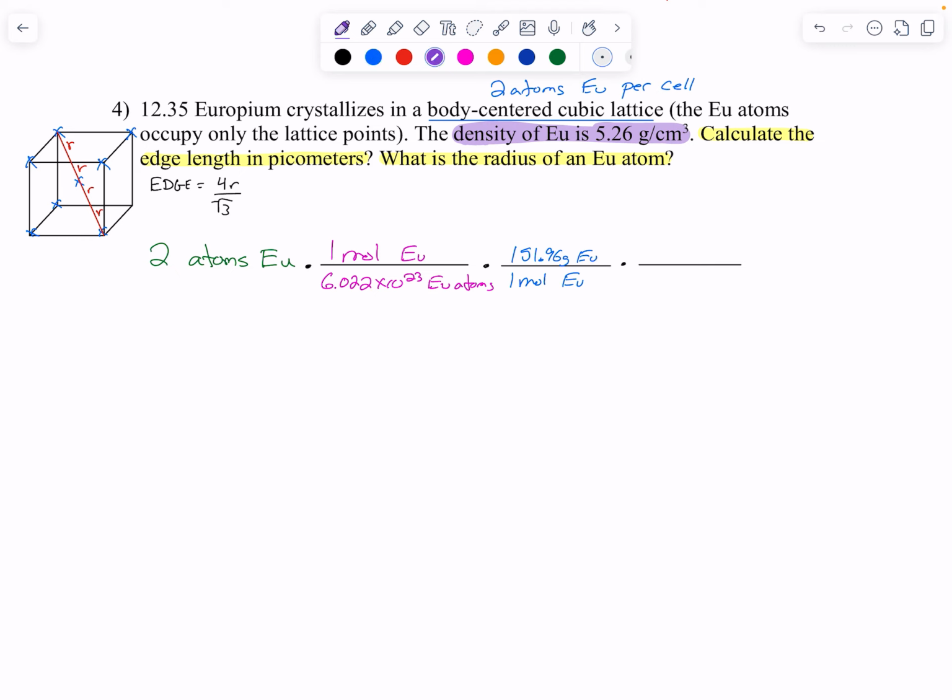And then we can do our density. 5.26 grams of europium is 1 centimeter cubed. All right, so I have 2 divided by Avogadro's number, 6.022 times 10 to the 23rd, times 151.96 divided by 5.26. So I got 9.59 times 10 to the negative 23rd.